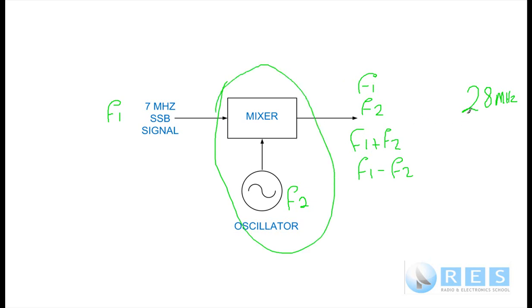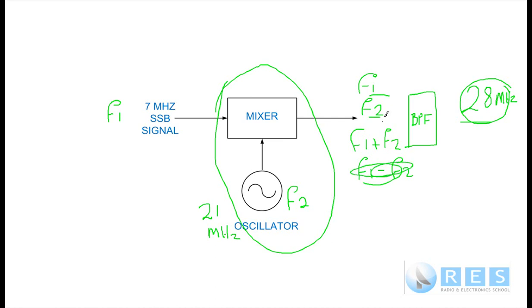We want 28 megahertz. So what can we put our oscillator on to get 28 megahertz? If we put our oscillator on 21 megahertz, then F1 plus F2 is going to be 28 megahertz, and all we need then to do is put a bandpass filter in there to pass the mixing product we want, 28 megahertz, and stop all of this other crud.